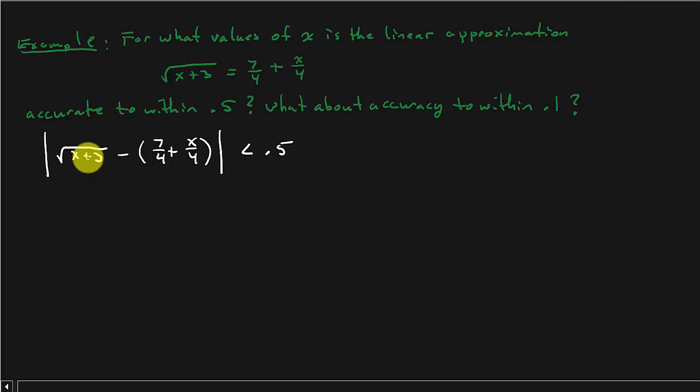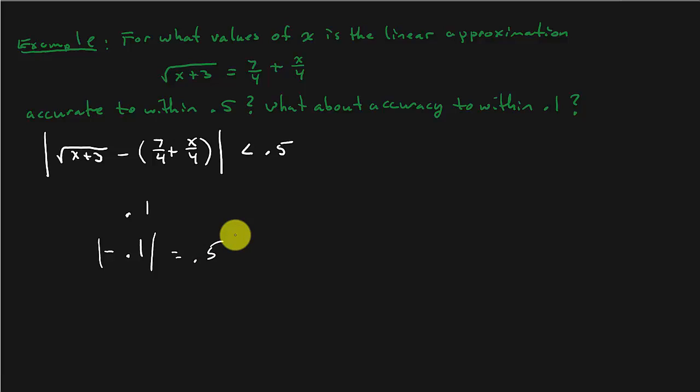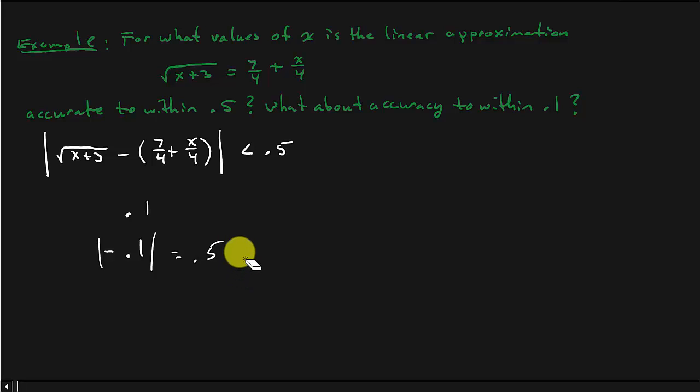Because if I do this minus this and I get 0.1, well, that's within the 0.5. Or if I do this minus this and get negative 0.1, well, and I take the absolute value, that's 0.5 also. All right. So basically it needs to be between negative 0.5 and positive 0.5.